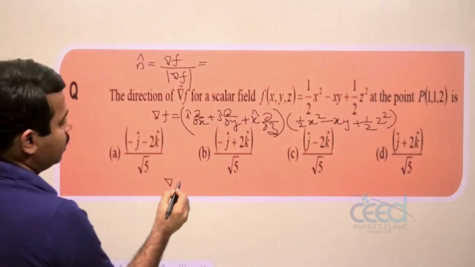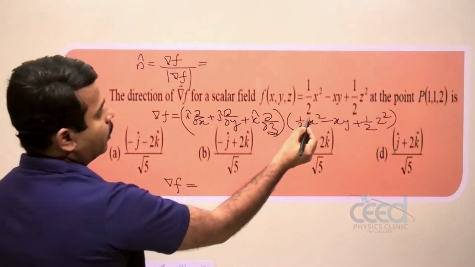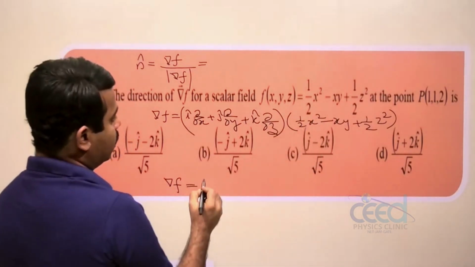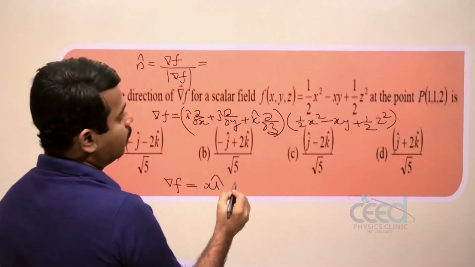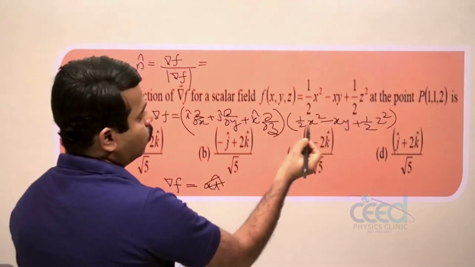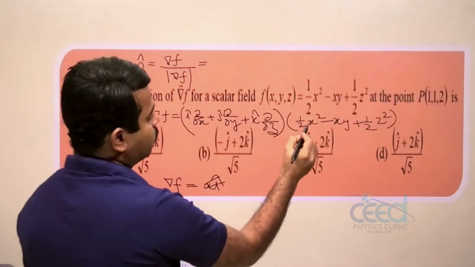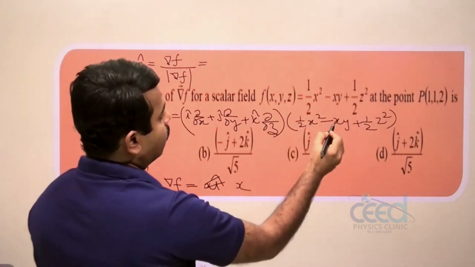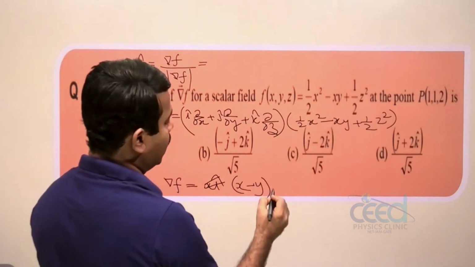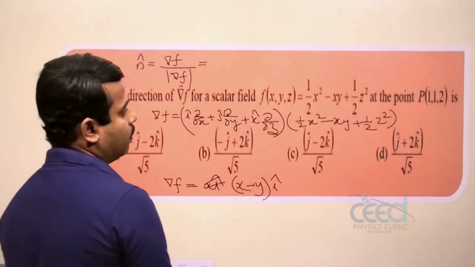If you expand this, gradient f: here two functions we have, so ∂/∂x of ½x² gives x i, and with respect to x doing the other term gives 1, so (x − y) i, right?